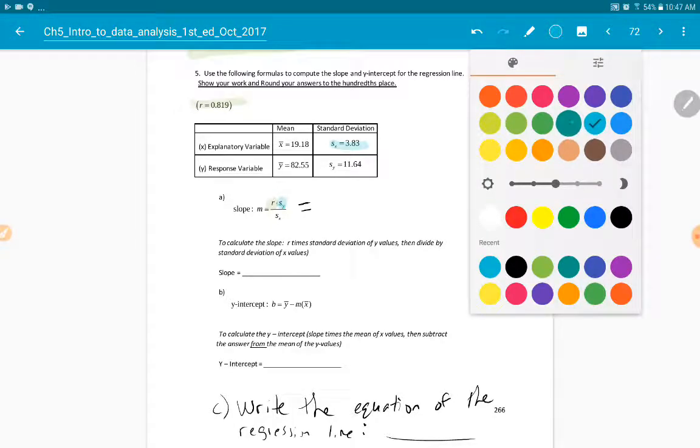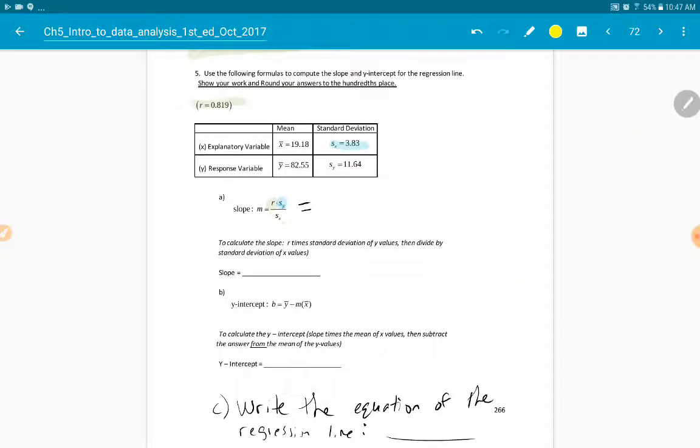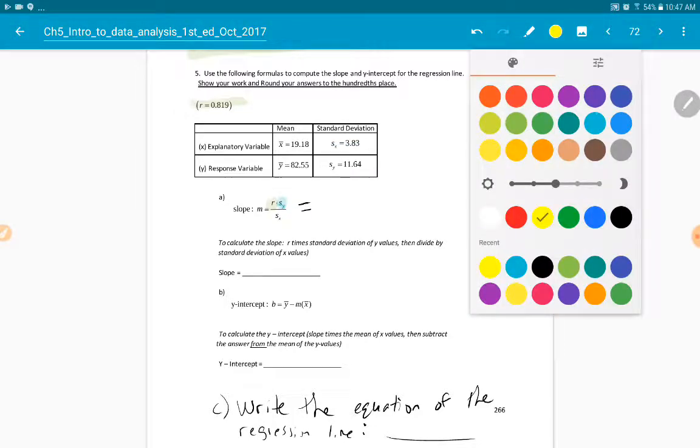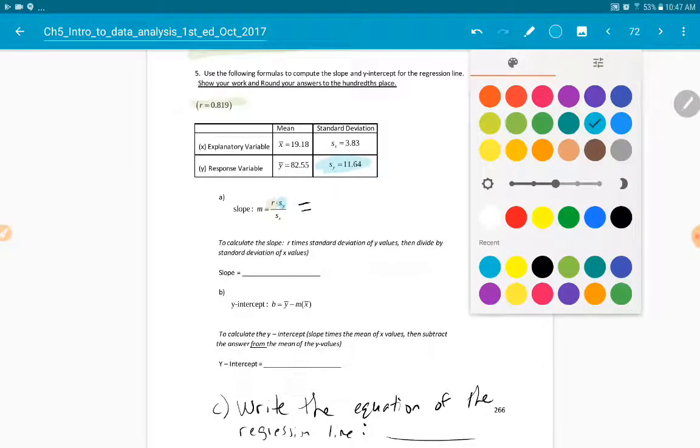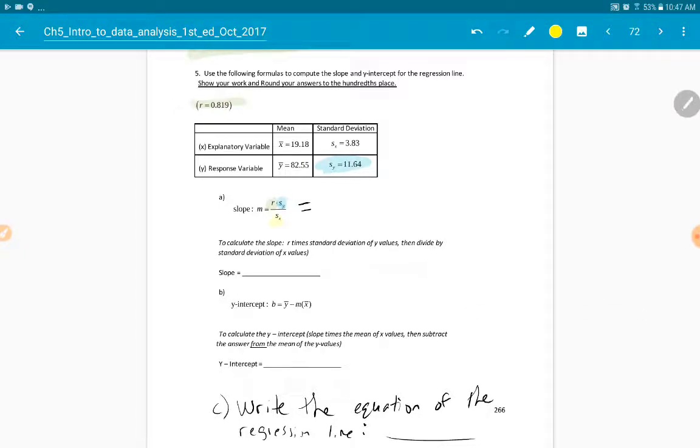And then in the y direction, sorry, the y direction is on the numerator. So that's this one. And then the x direction is in the denominator. There we go.